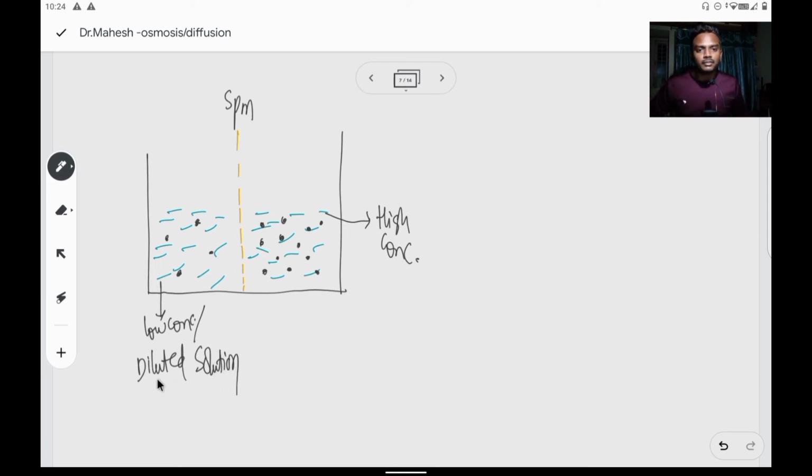What is a diluted solution? You all know what dilution is. If you add more water to it, it will become diluted. If you take a high concentrated solution and add more water to it, it will become a low concentrated solution or diluted solution. So in osmosis, must and should again, only solvent molecules move.